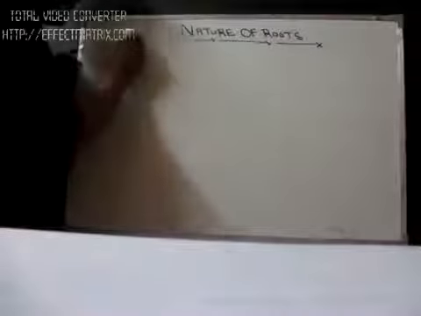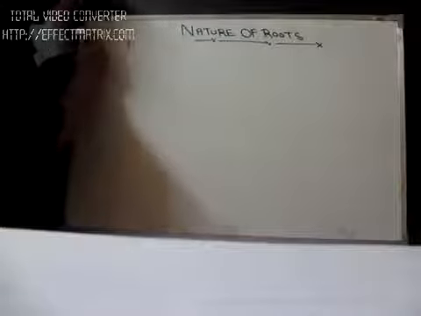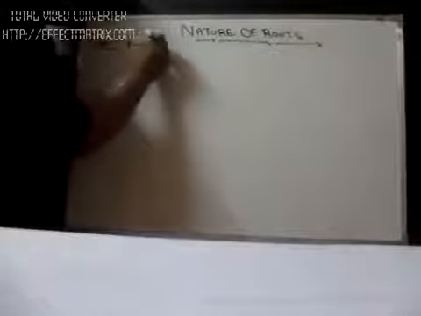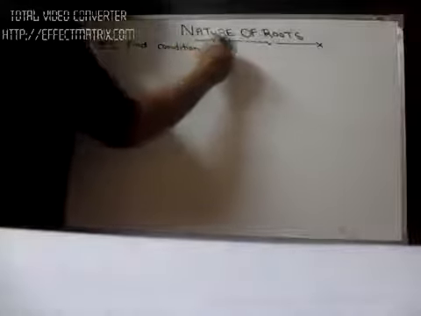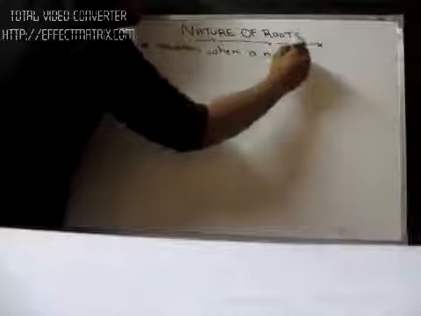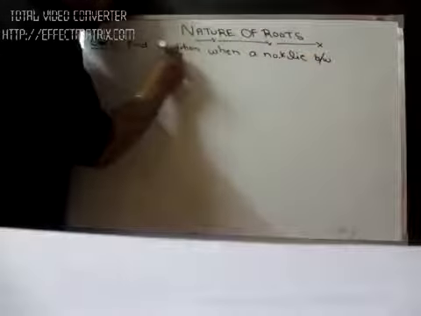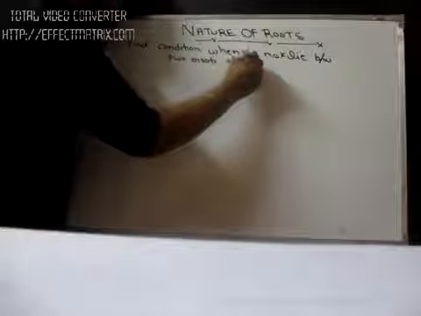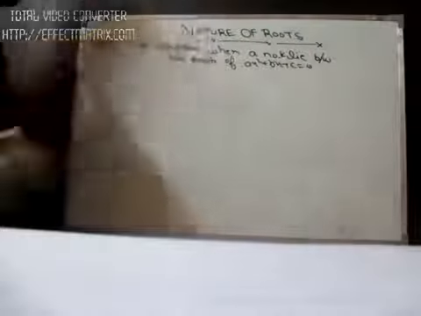Now some conditions are there. Case 1: find the condition when a number k lies between two roots of ax square plus bx plus c equal to 0.